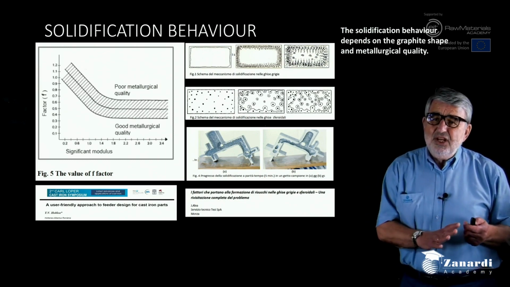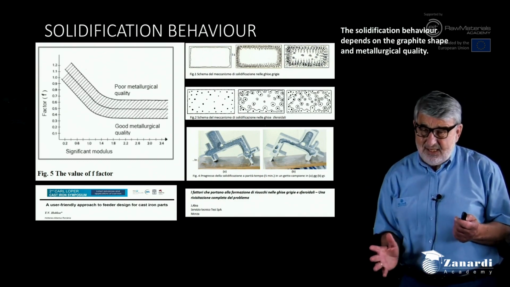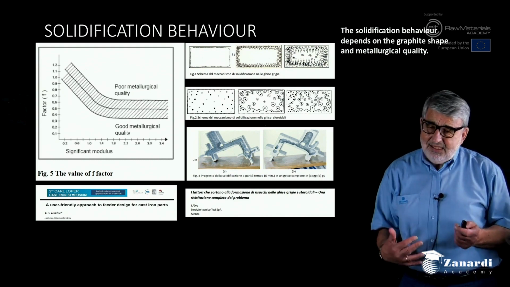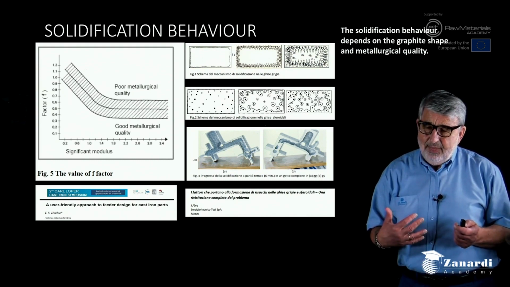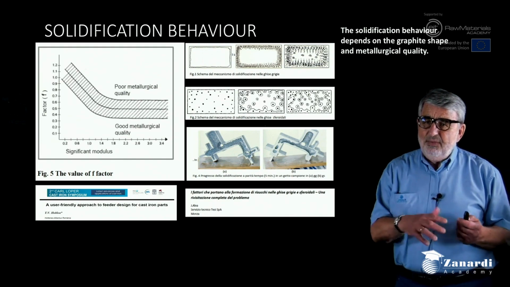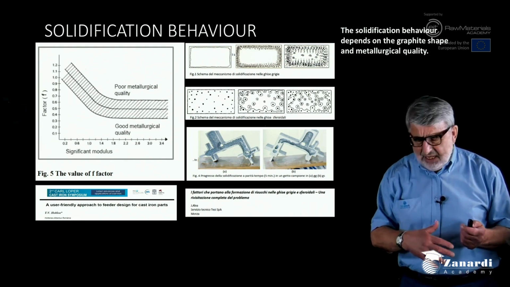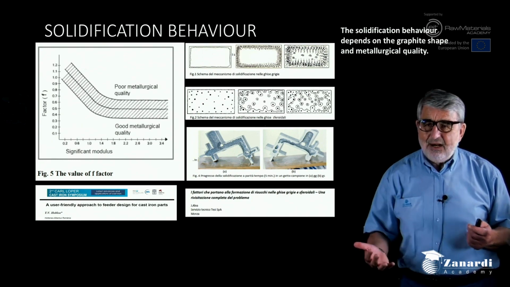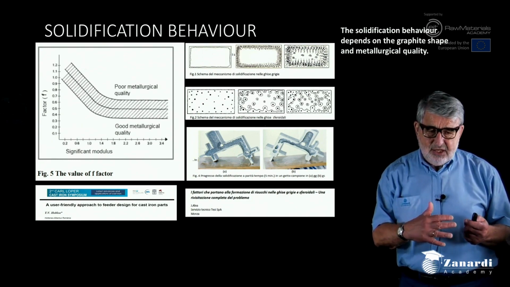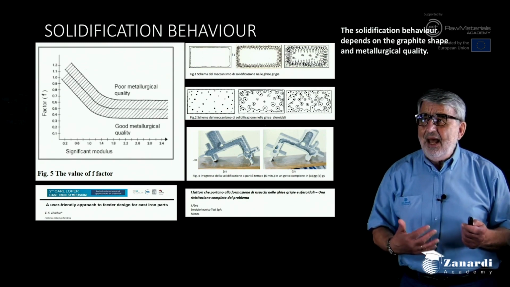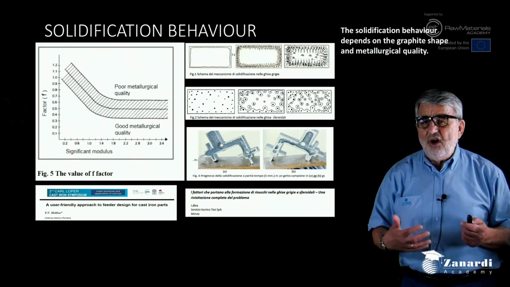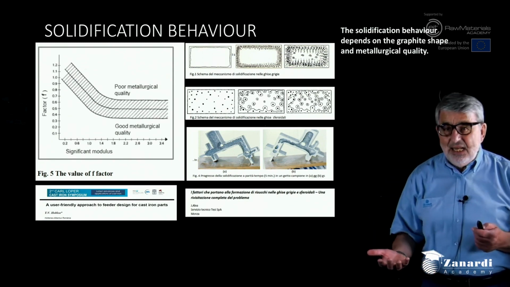And this happens in the liquid, so it is very fast. And the fast separation of carbon from the liquid to the austenite and to the lamellar graphite takes a short time with a high rate of latent heat release.